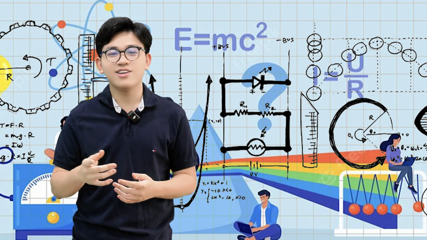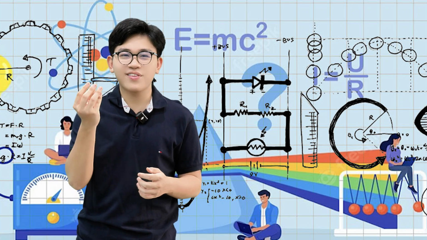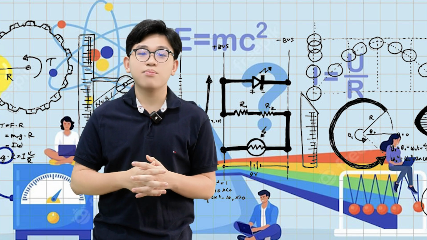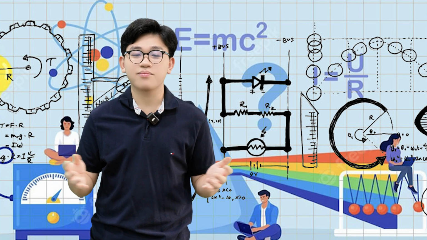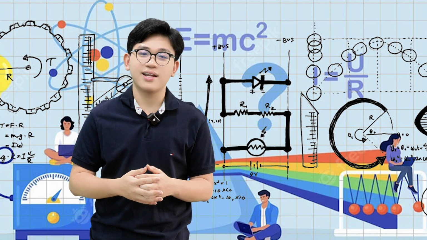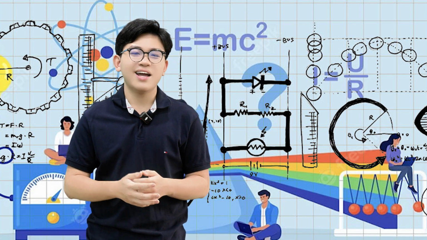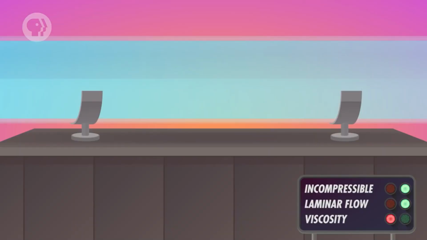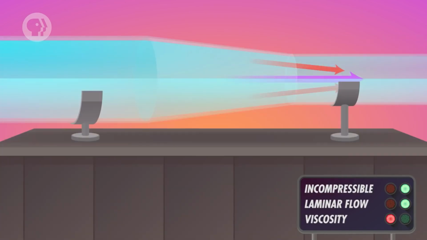Viscosity, you've probably heard of it. It's how thick the fluid is. Water has low viscosity because it flows pretty easily. Honey, on the other hand, has a high viscosity and it flows much slower. But to keep things simple today, we're going to ignore viscosity because it adds extra complication.